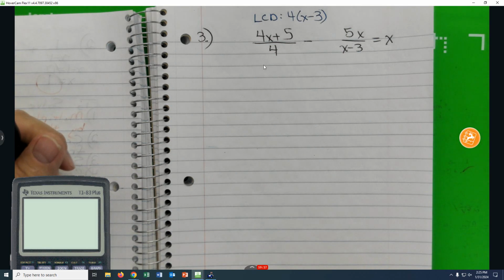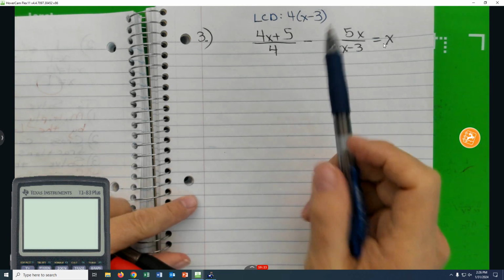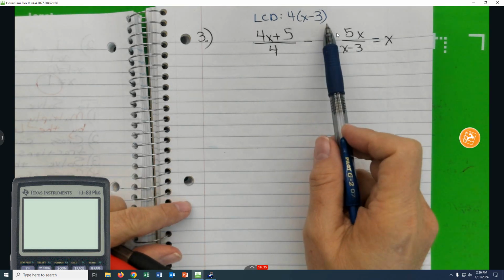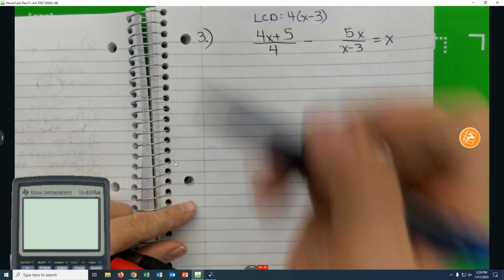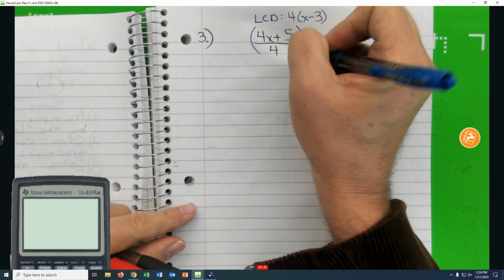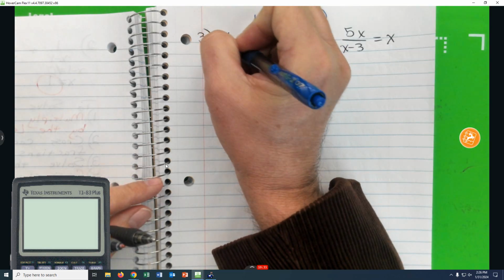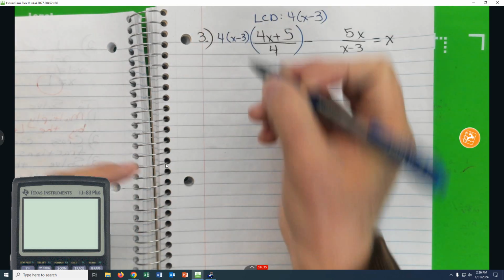Here's where it gets a little messy. We're going to have to distribute that 4 times (x minus 3) across all 3 terms. So the first one, I'm going to multiply by 4 times (x minus 3).